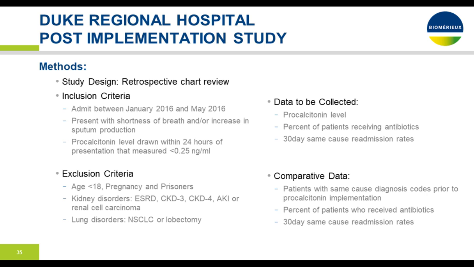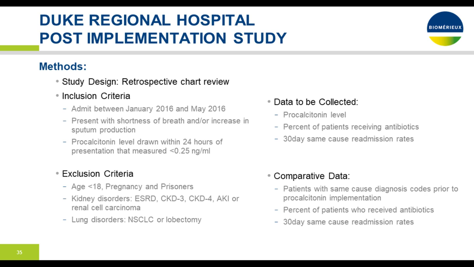So what we did was a retrospective chart review. We just did a 5-month snapshot. Our inclusion criteria was from January to May of 2016. Anybody who presented with shortness of breath and/or increase in sputum production, and you needed a procalcitonin level drawn within 24 hours that had to be less than 0.25 nanograms per mL.